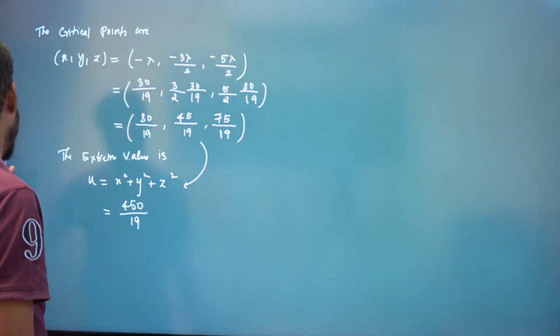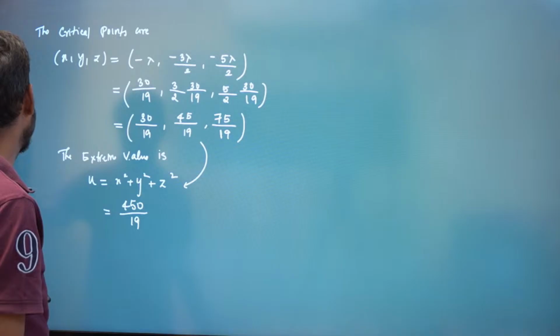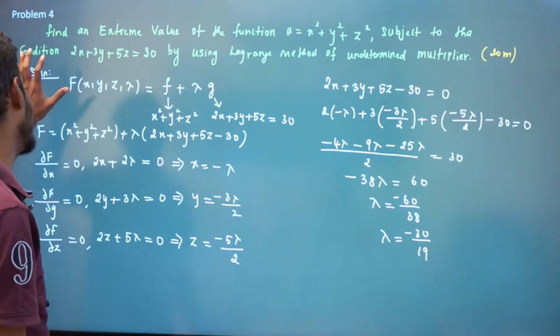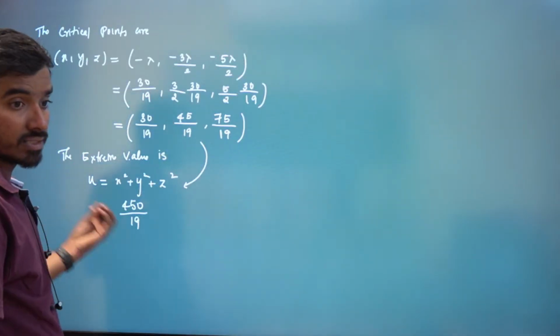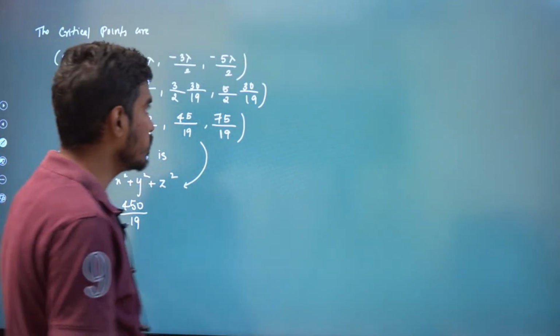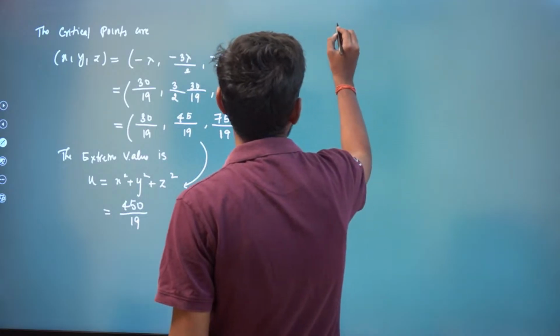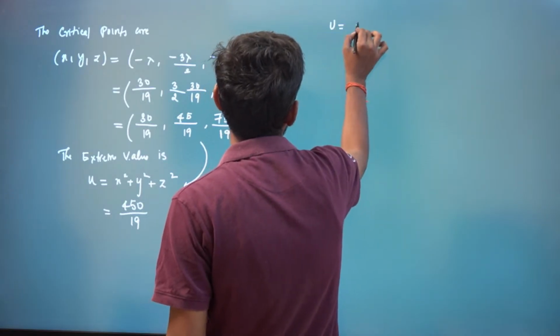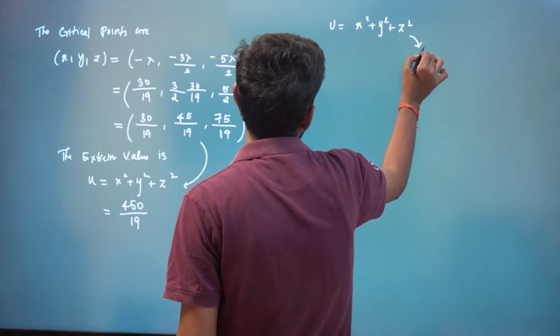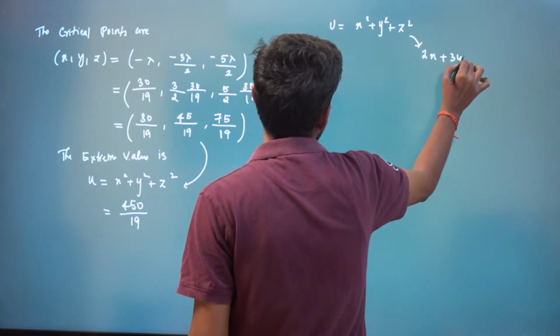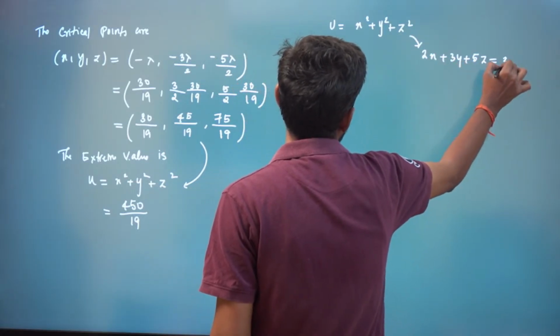Suppose I give you additional facts also. They ask you to find the extremum value. So this value is the extremum value, right? Suppose you want to know whether this point is maxima or minima, how to do it? Very simple, right? We need to maximize our function u = x² + y² + z² with respect to the constraint 2x + 3y + 5z = 30.